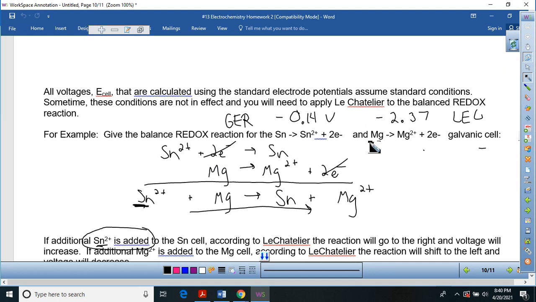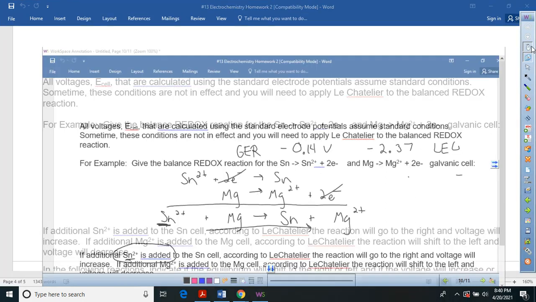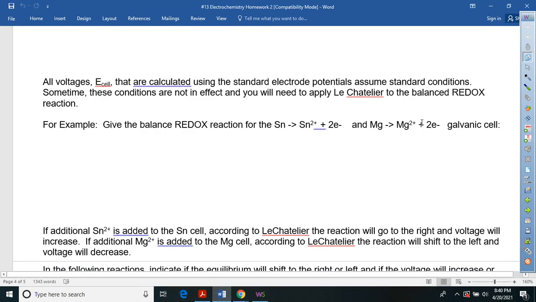All you have to do is write your two half reactions. Make sure you show the one that has the higher reduction potential gaining electrons, the one that has the lower reduction potential losing electrons because it's being oxidized. Balance out the number of electrons and bring them together, just like we did on the very first Electrochem handout.